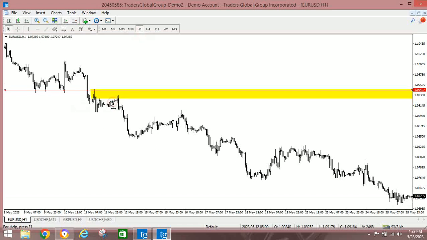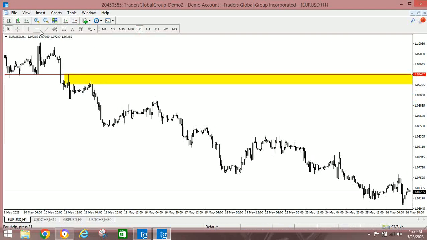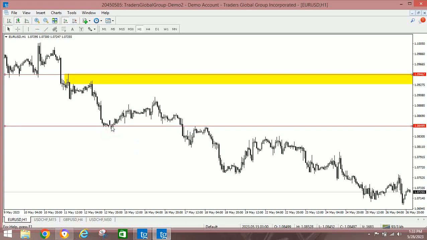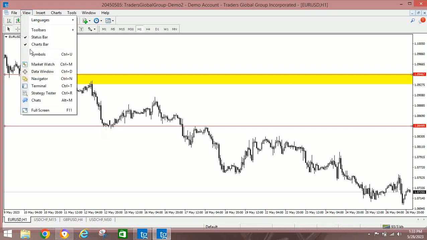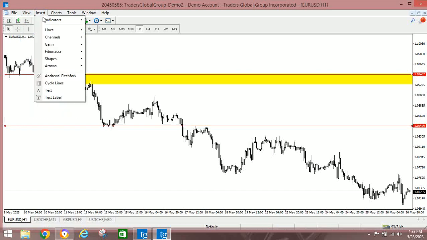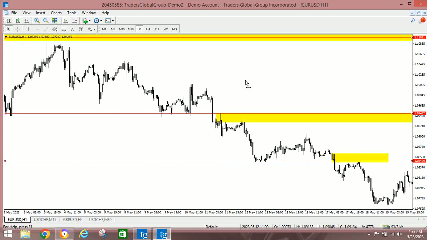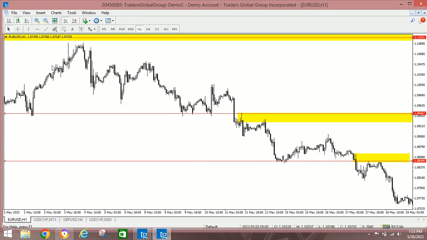If I look here, there's another level. The price was just giving me another drop at this point. So there's another drop, highlighting this point. The price decided to drop again here. Let me explain this whole price action. The price was going on support and resistance.